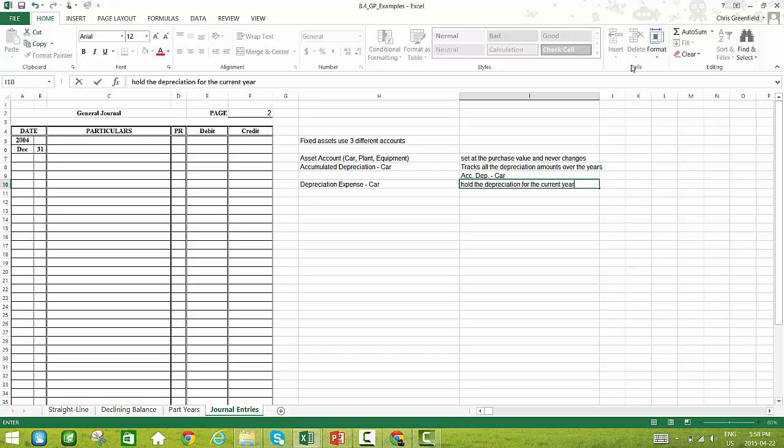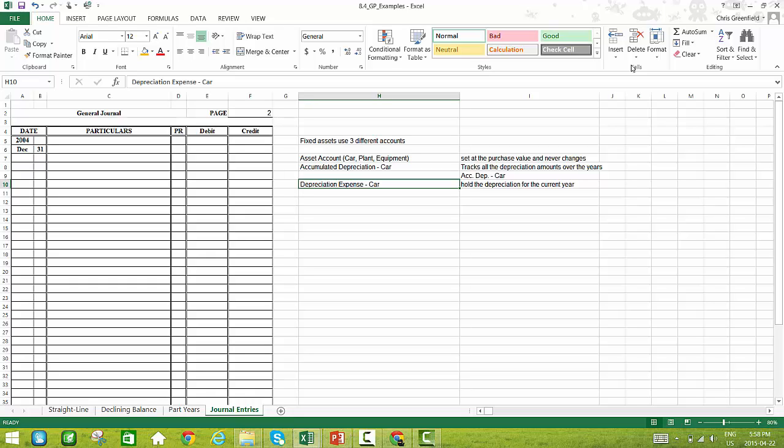All right. So as we know, anytime we have an expense, we are going to debit the expense account always. So that's what we're going to do. The depreciation shows how our asset is dropping in value. So that means this is always going to be a credit. And as I said before, the asset account itself never, ever, ever changes.